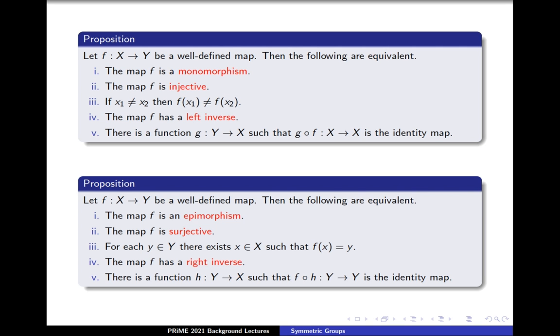This happens if and only if the map f has a right inverse. This means that there is a function h from Y to X such that f composed with h from Y to Y is the identity map. Note that the order of the composition is different than in the first proposition on the page.